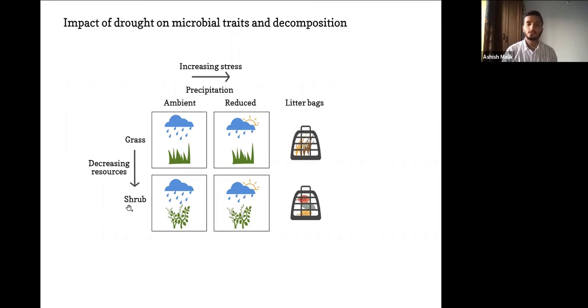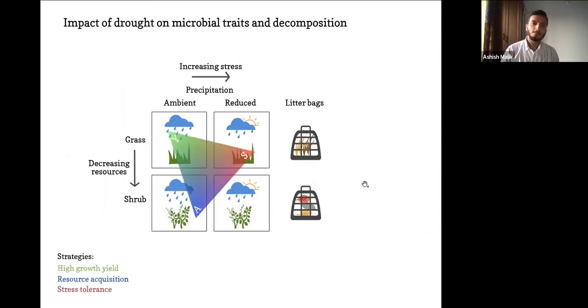Shrub tends to be composed of more recalcitrant litter, a higher amount of lignin, and a lower amount of cellulose, hemicellulose and soluble organic compounds. Also a higher amount of aromatic compounds in shrub litter. A lot of this shrub was coastal sage, which is very waxy as well.